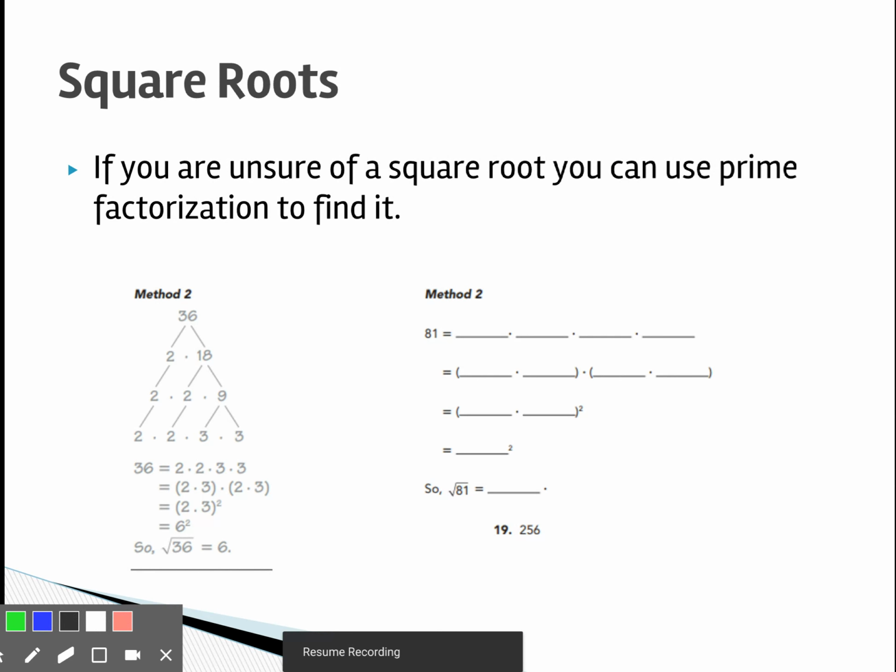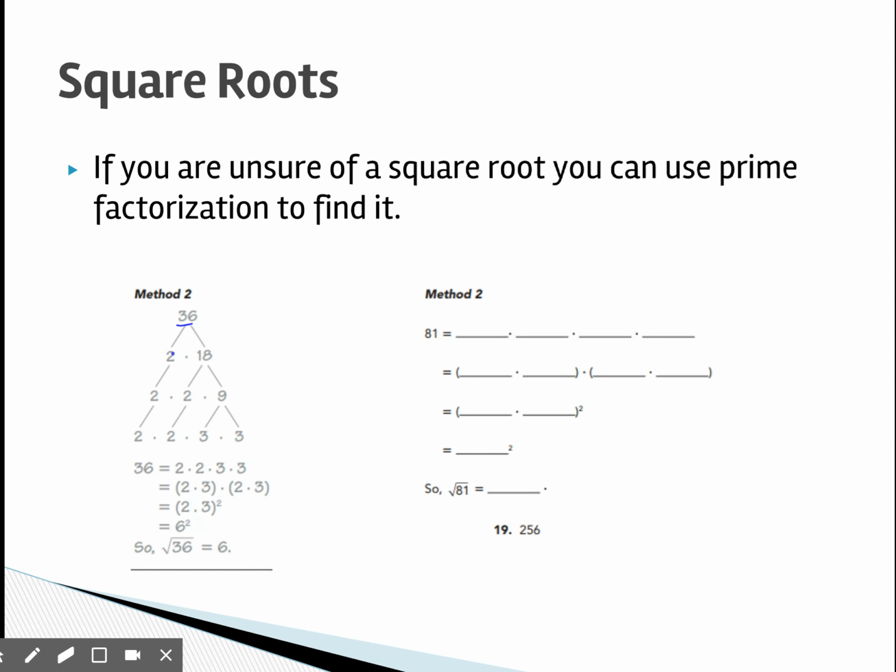If you don't know your doubles or your multiplication facts, you can use prime factorization to find the square root of a number. So we're, again, breaking it down. 36 can be broken down into the prime number of 2 and 18. 18 can be broken down into 2 and 9, and then 9 into 3 and 3. We use our prime numbers to break it up into two sets of parentheses, where the multiplication inside is the same.